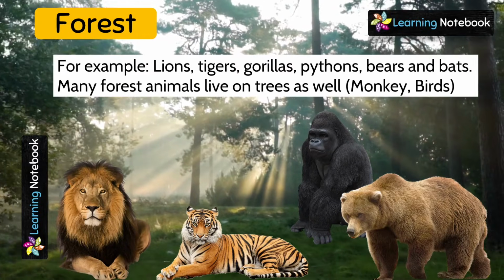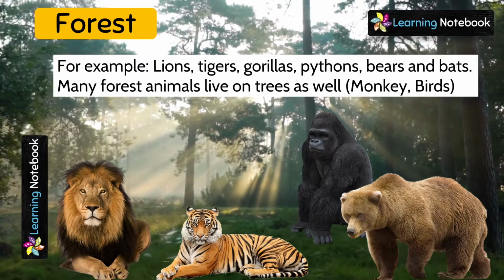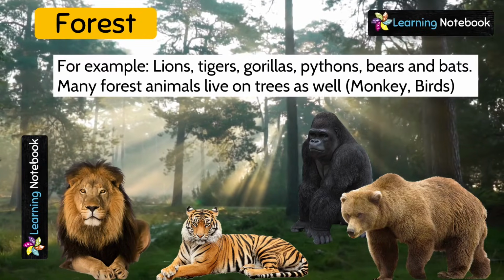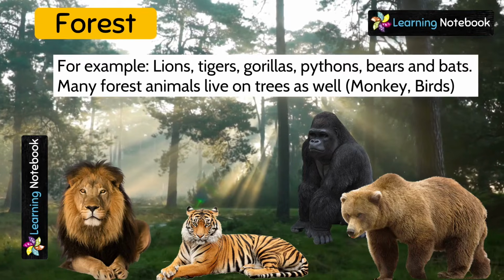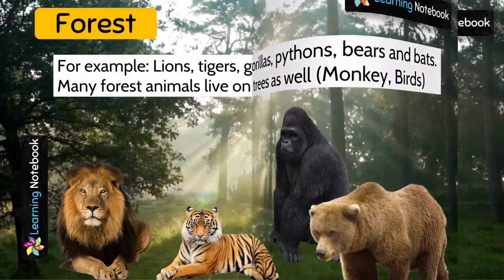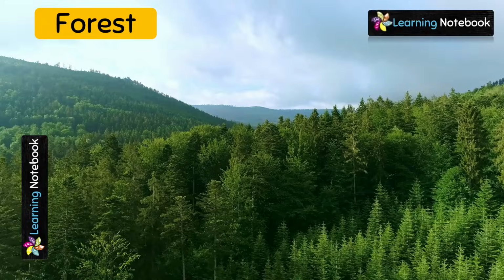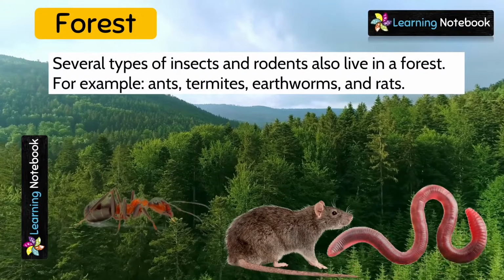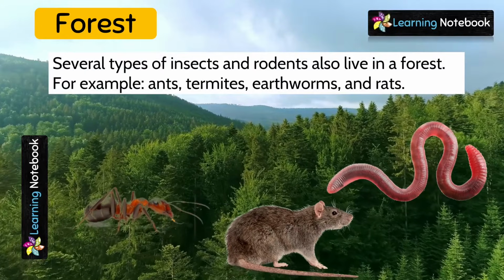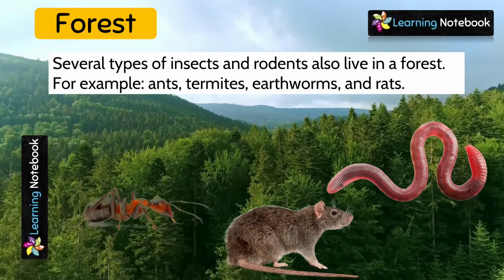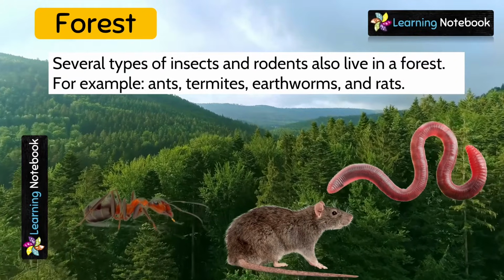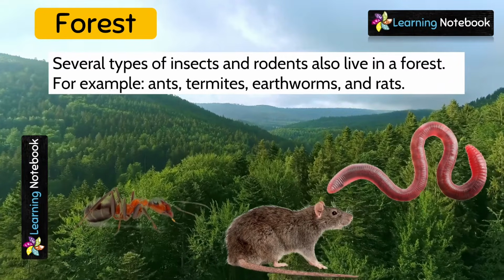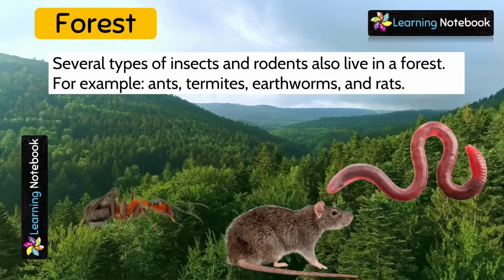And many forest animals live on trees as well, like monkeys, birds, langurs. Also, several types of insects and rodents live in a forest. For example, ants, termites, earthworms and rats. They also live in a forest.